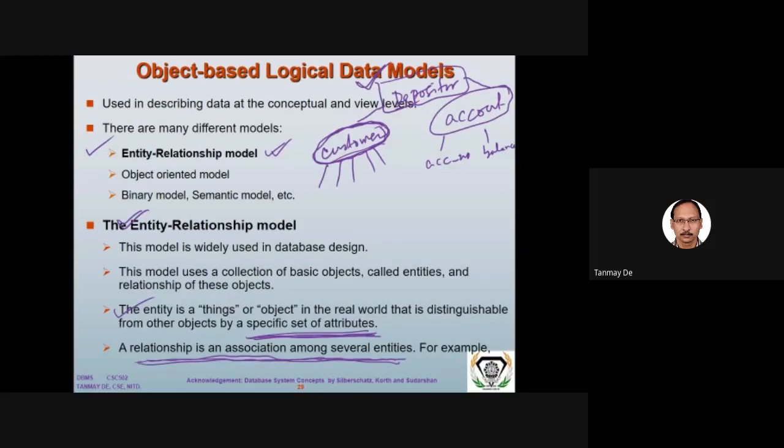To identify the depositor, there may be some specific attributes, some attributes taken from the customer entity and some taken from the account entity, to maintain the relationship between the customer entity set and the account entity set. And maybe some more attributes are present in the depositor relationship set. This is the depositor relationship.